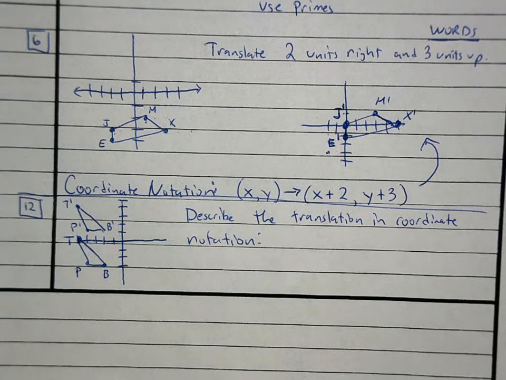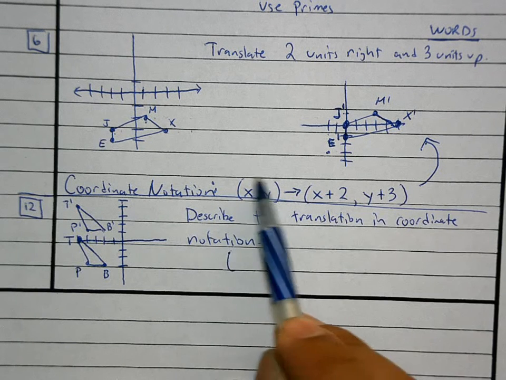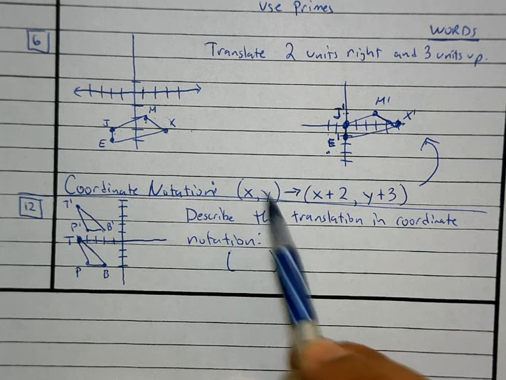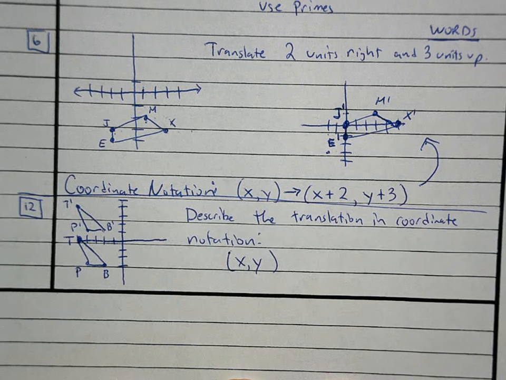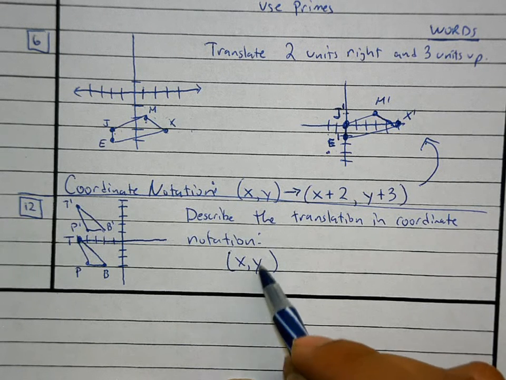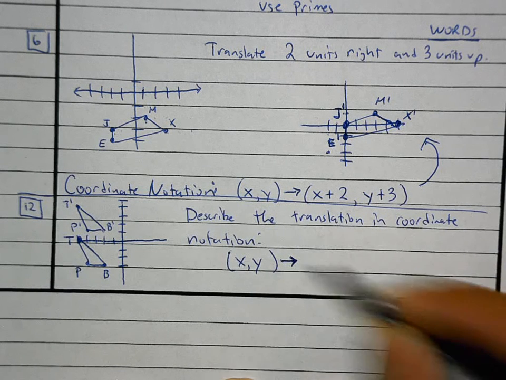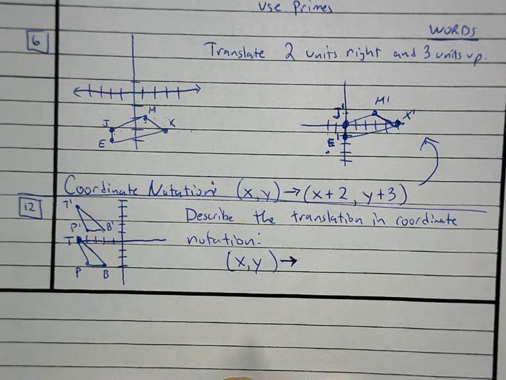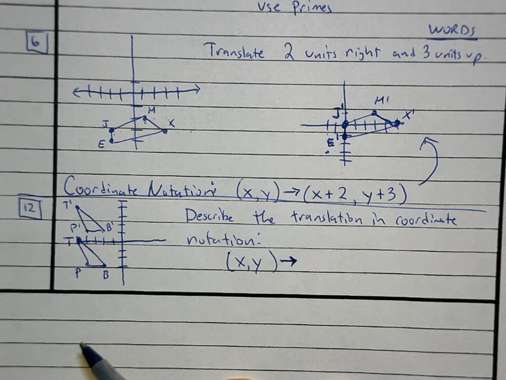And what we're going to do to write this in coordinate notation is the very first thing we write is this part right here. We're going to take an x, y coordinate. Got to have an x, comma, got to have a y. No matter what our x and y is, we are going to translate it using these coordinates. How much does our x move? Up 0.